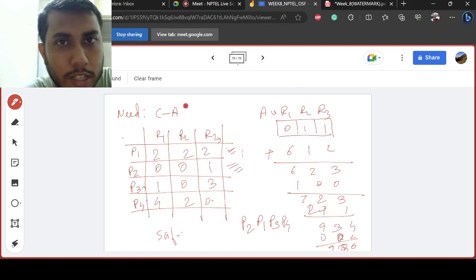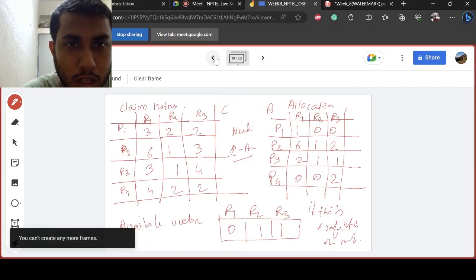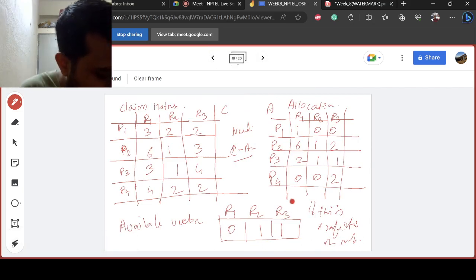Now consider a non-safe state example. Suppose we use this same example, but we change it a little bit.